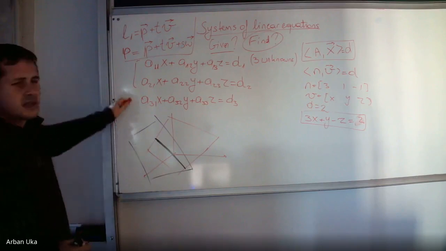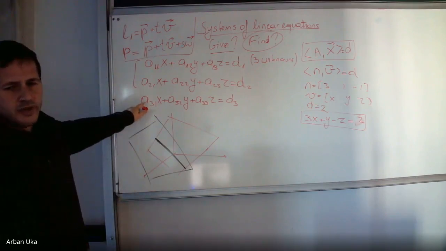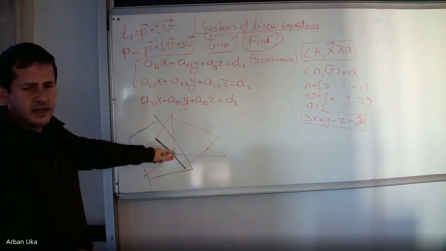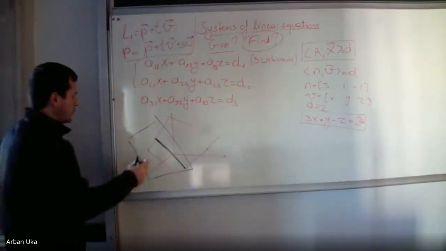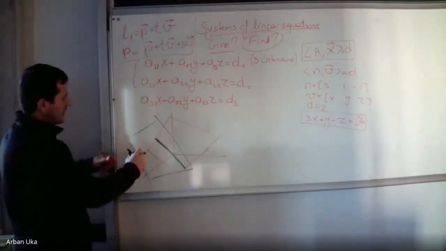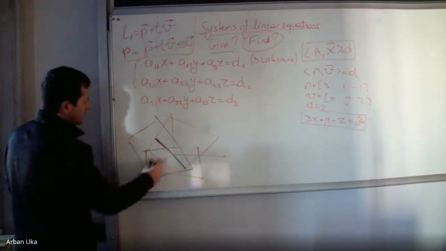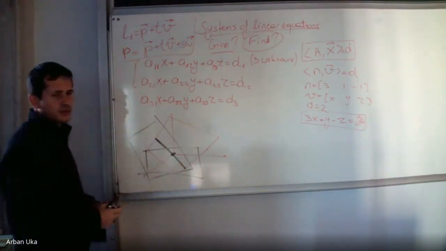And then here comes a third plane. What could be the intersection of a line and a third plane? A point. That's correct. So that's a point. So we have a line, we extend the plane, and they're going to intersect at a single point.